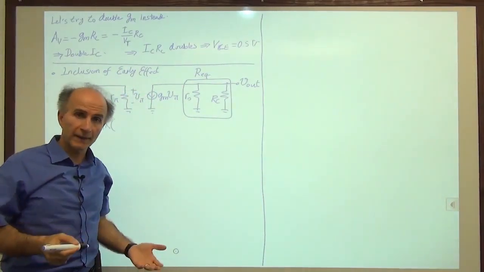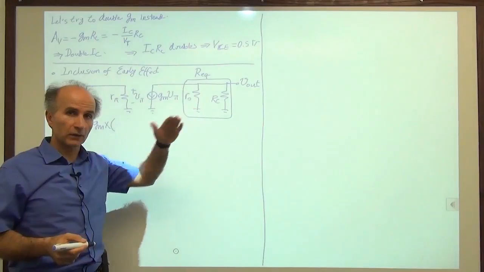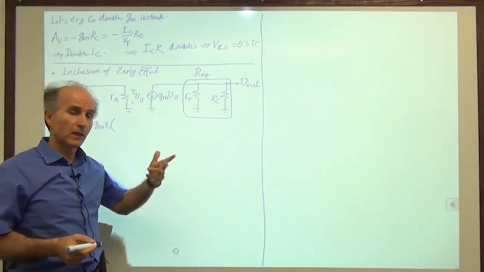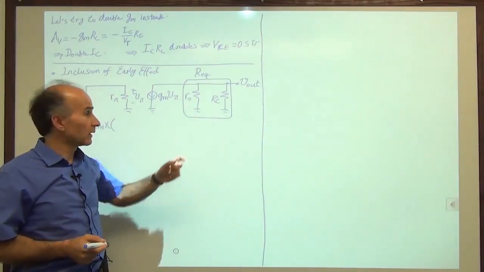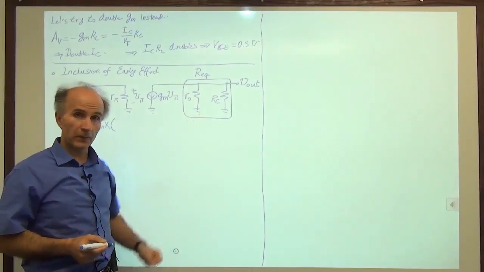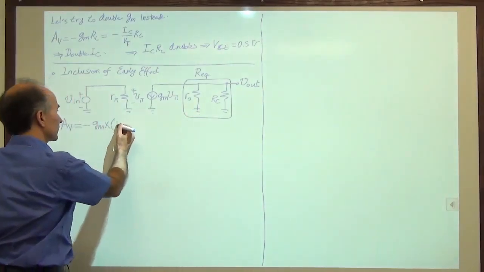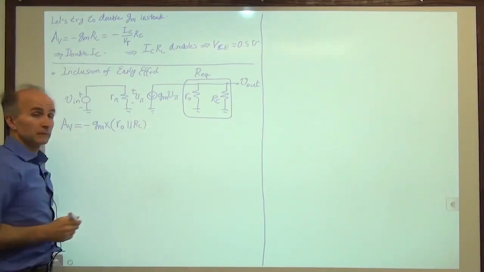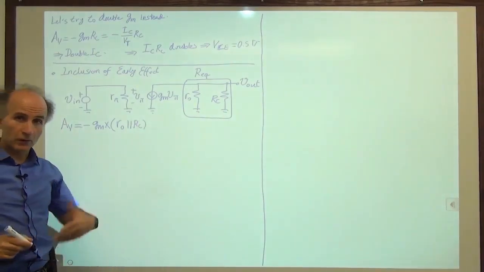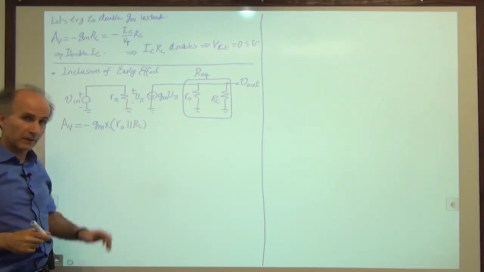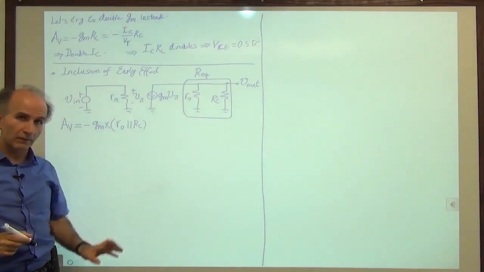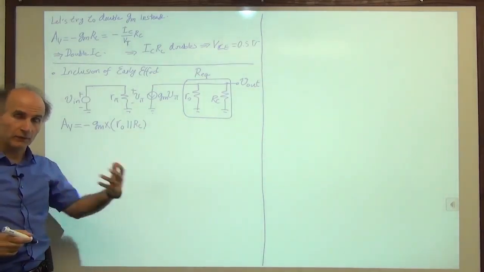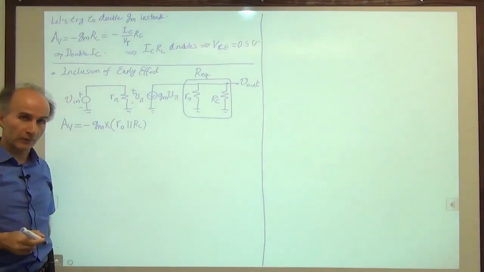So the total resistance that appears between the collector and ground, AC ground, is R equivalent, which is equal to RO in parallel with RC. That's all. We don't need to write the equations again, because that verbalization of the equation allows us to use it repeatedly and for different types of circuits.